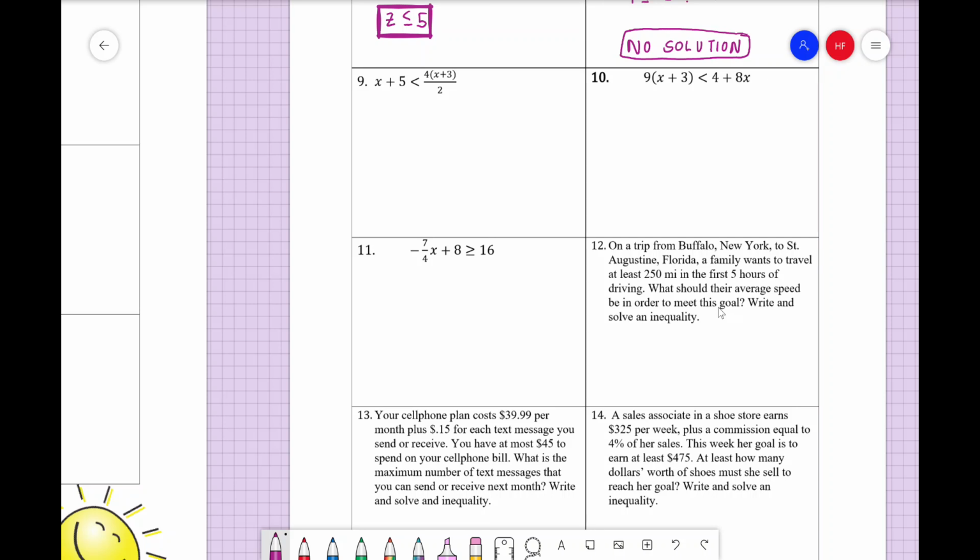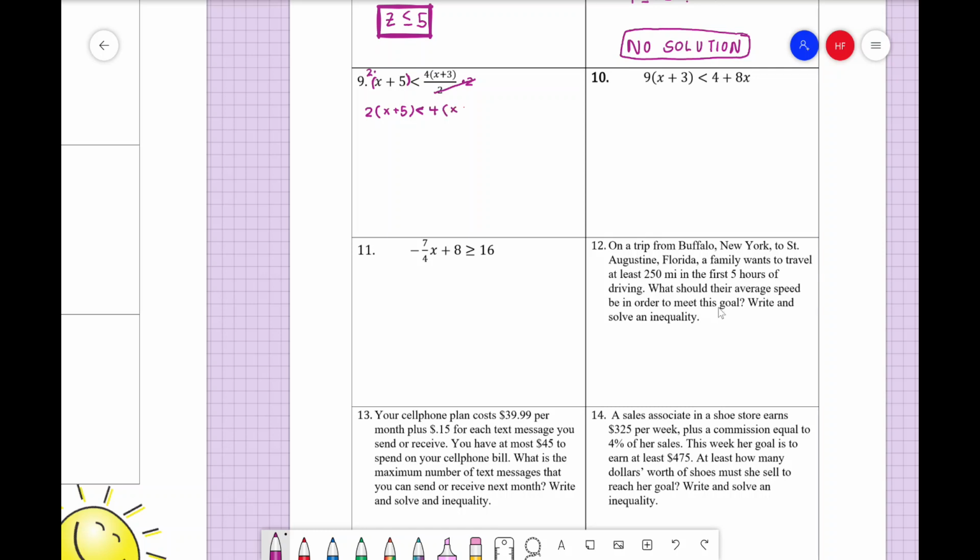first thing I want to do is get rid of that divided by 2. So be careful here because we're multiplying by 2 on both sides, correct? We're multiplying this entire side by 2, so we do have to distribute it.